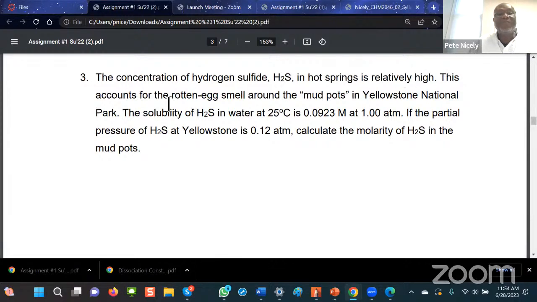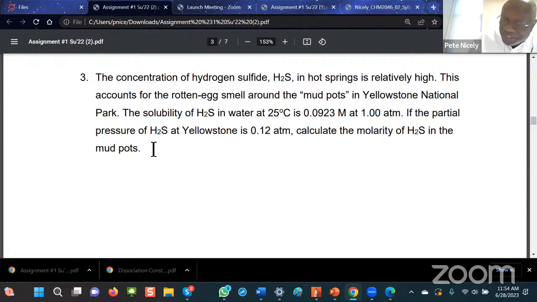This accounts for the rotten egg smell around the mud pots in Yellowstone National Park. The solubility of H2S in water is 0.0923 M at 1.00 atmospheres. If the partial pressure of hydrogen sulfide at Yellowstone is 0.012 atmospheres, calculate the molarity of H2S in the mud pots.